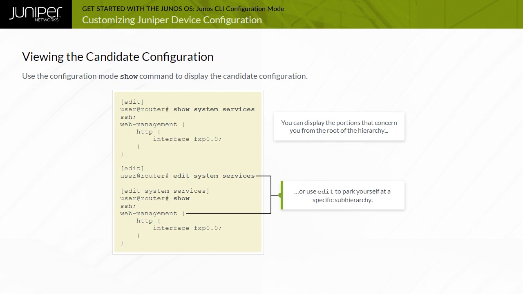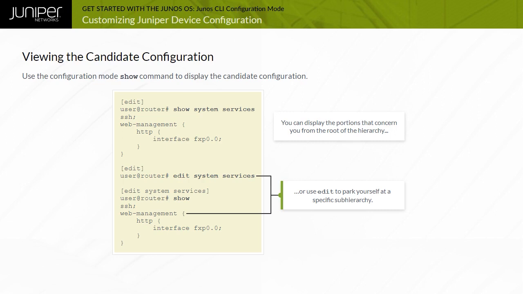When displaying the configuration, the CLI indents each subordinate hierarchy level, inserts curly brackets to indicate the beginning and end of each hierarchy level, and places a semicolon at the end of statements that are at the lowest level of the hierarchy. The display format is the same format you use when creating an ASCII configuration file, and it is also the same format that the CLI uses when saving a configuration to an ASCII file.